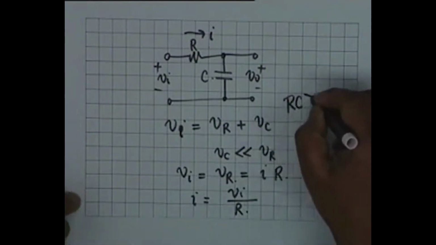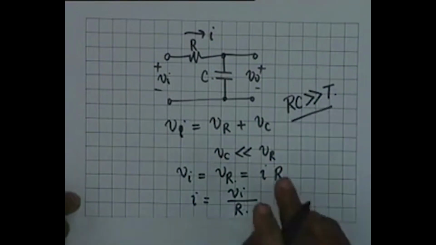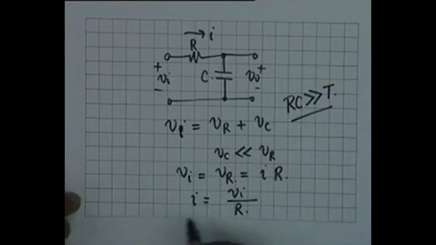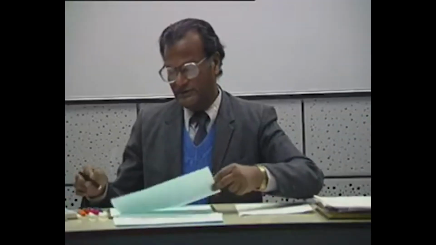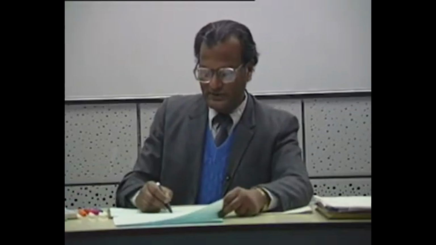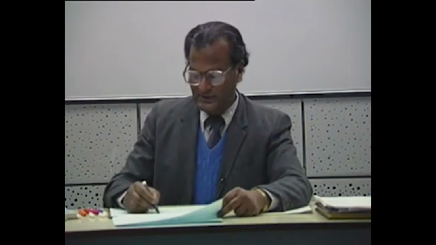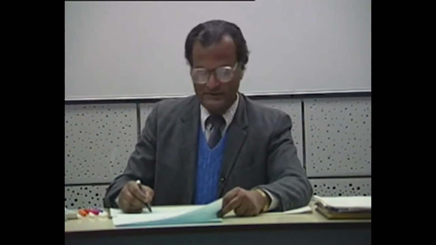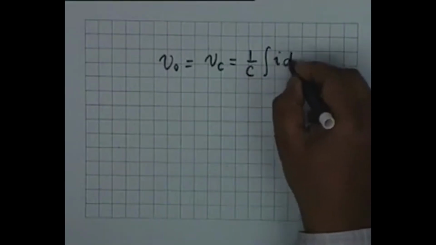and this shall be valid if RC is much greater than capital T. This we will see independently later on, but you see that the current in the circuit is determined by resistance only, and therefore the output voltage V0, which is the same as the voltage across the capacitor, shall be given by Q by C, that is 1 by C, and Q is integral I dt.